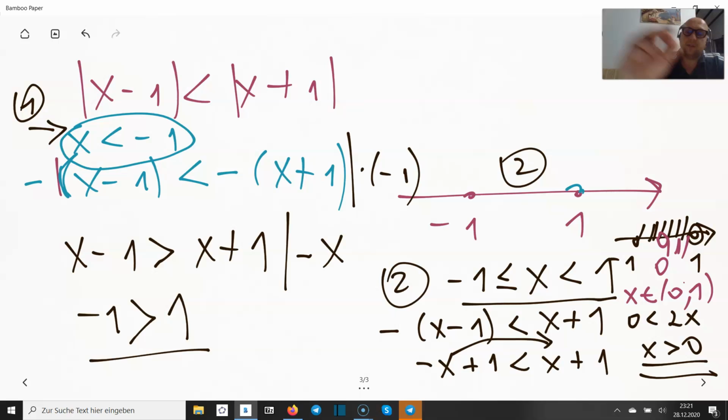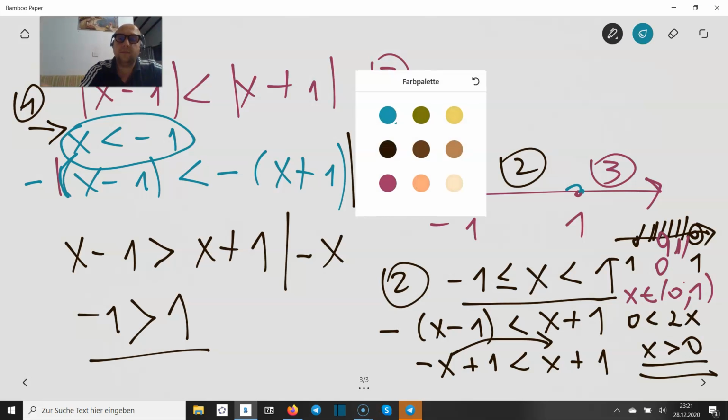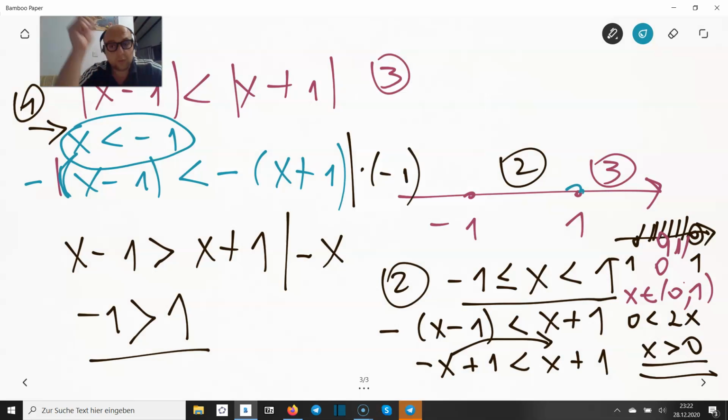And the last case, the third case, we're here. We are having the case where x is bigger or equal than 1. Both absolute values are fine, so we're having positive, so that means we're having x minus 1 less than x plus 1.